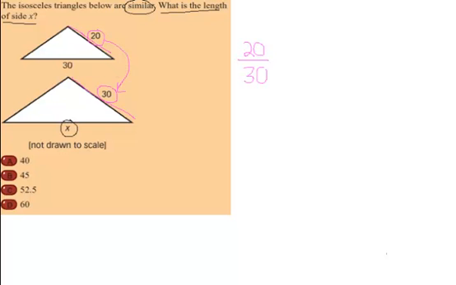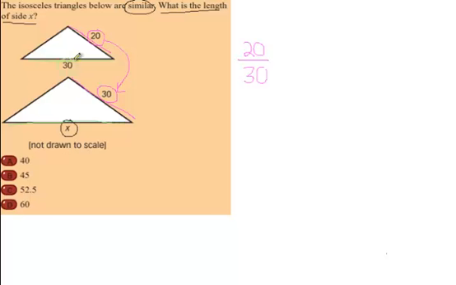Now, let me switch colors a little bit and go to something green. When I write the other side of my proportion, I have to start in the same triangle I started with over here. So I'm trying to find x. This is the side. These two sides are corresponding.